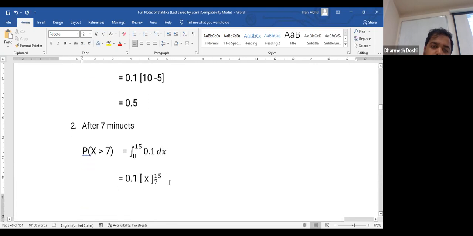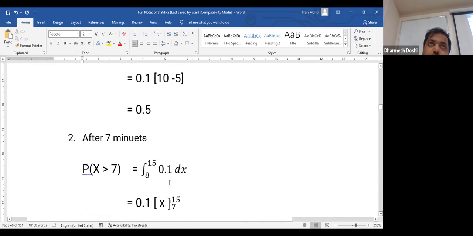Can you solve for more than 7 this way? 8 to 15. It's minimum 8 minutes, maximum 15.